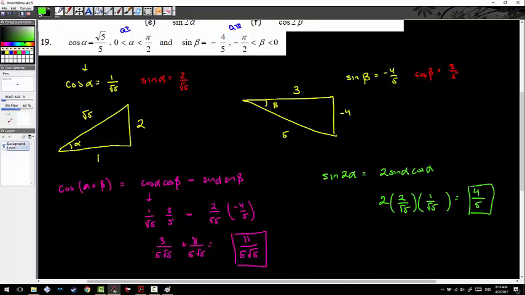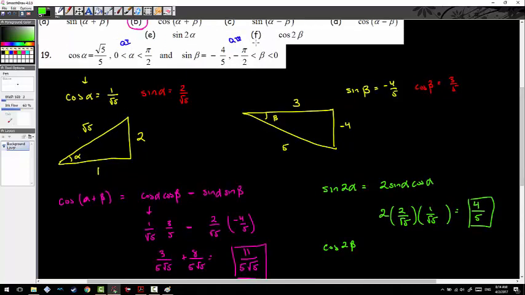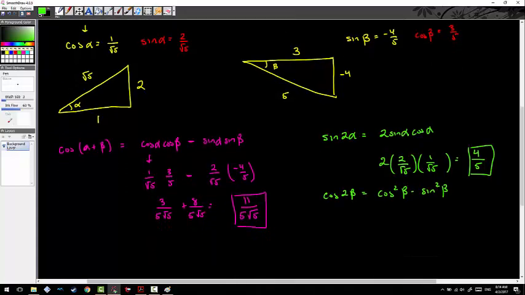Cos 2 beta would work in the same way. Let's do cos 2 beta, which is question F. Cos 2 beta would be cosine squared beta minus sine squared beta. And I would use all of my beta information from my beta triangle, which is this triangle on the right side right here.